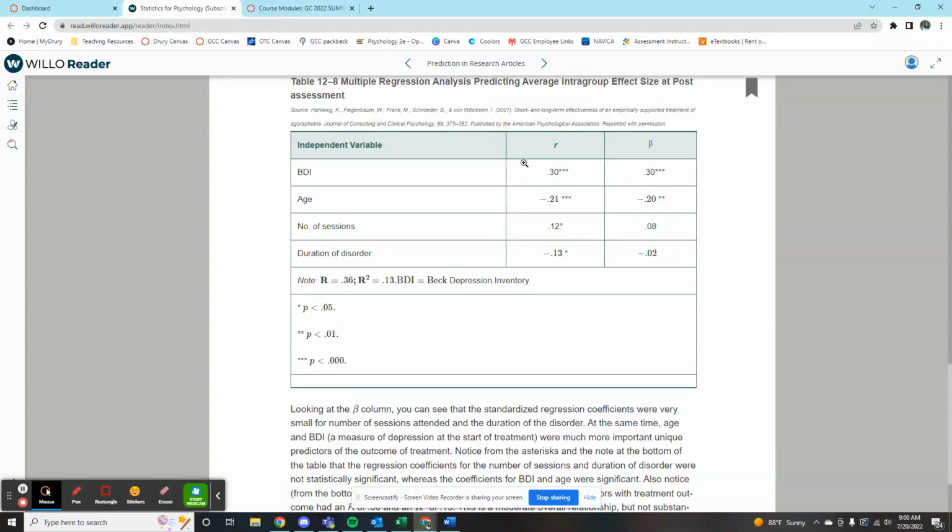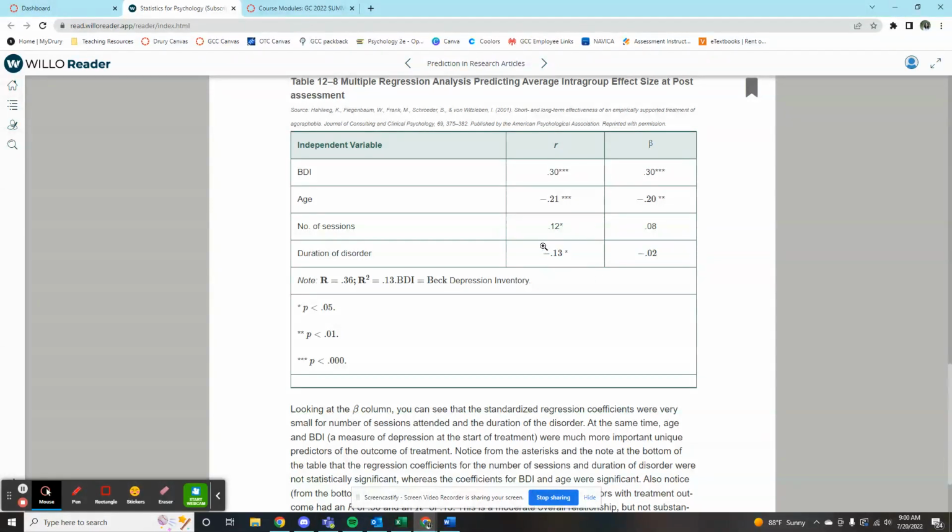You'll remember our general rule for correlation: a positive number means they're moving in the same direction, a negative number means they're moving in opposite directions. So for BDI, as BDI goes up, efficacy of treatment goes up. As age goes up, efficacy of treatment goes down. As number of sessions goes up, efficacy goes up.